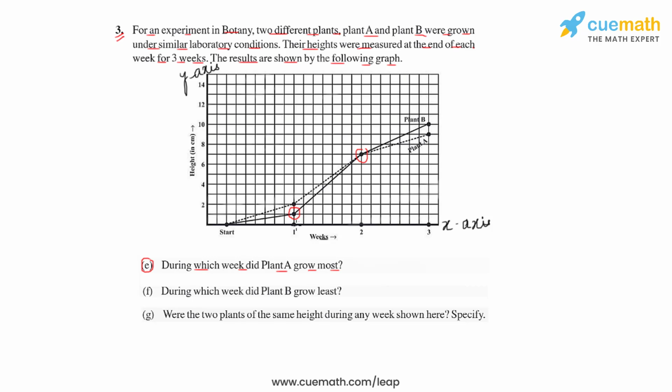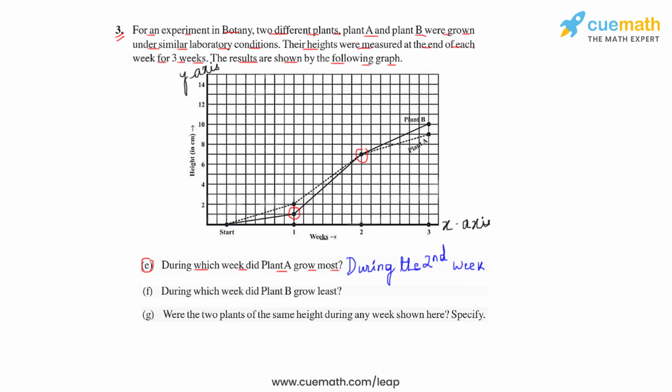As we see here, when the first week got over, the height was 1 centimeter, and at the end of the second week it's 7 centimeters. So there is an increase of 6 centimeter. Hence, to answer this question, we can say that during the second week, the height of plant A increased the most.